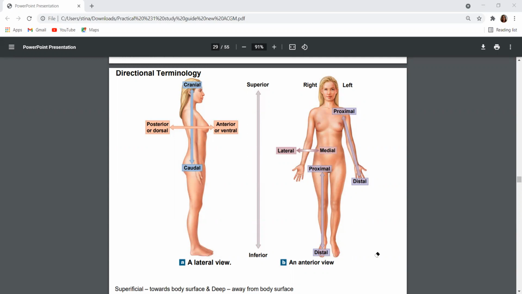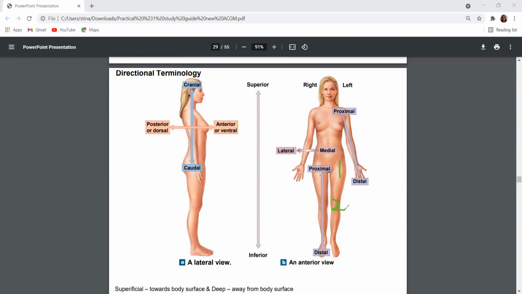Okay, now let's do proximal and distal. So remember, proximal and distal, you're comparing 2 points on the same limb. So let me get my pen again. Okay, so let's say the hip here, number 1, is what to number 2, the knee.